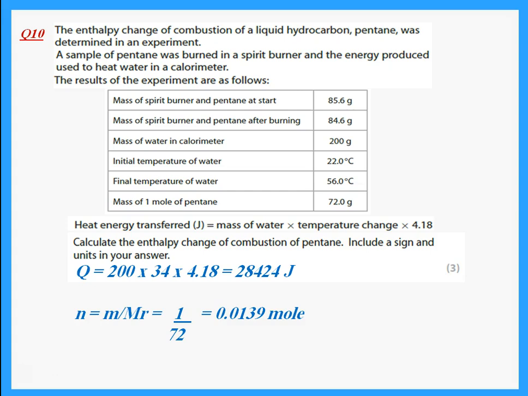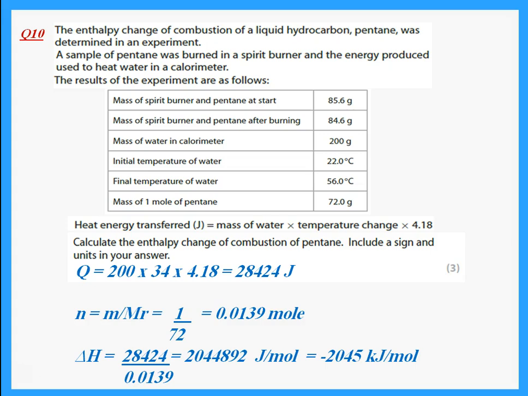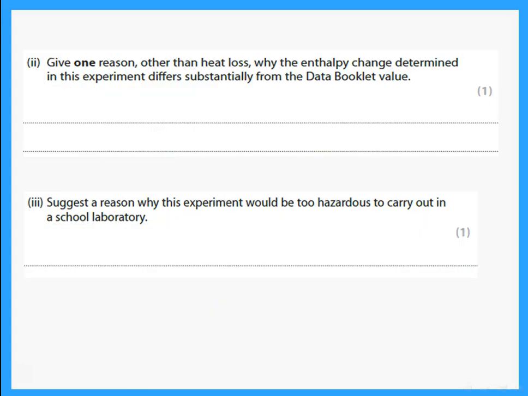And he already gives me the MR, so mass over molecular mass gives me the number of moles of pentane. If I want to get delta H, we said delta H is Q over the N, and we need a sign. Remember, this is combustion, burning. Burning is always exothermic, so you should put a negative sign.